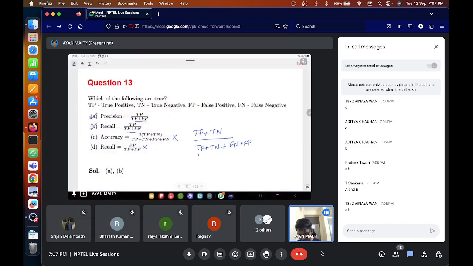So this denominator contains basically all the examples and the numerator would contain all the correctly classified examples, so true positives and true negatives. So this would be accuracy, but this option is not correct because there is a factor of 2 multiplied to it. So that's why the only two correct options are A and B.